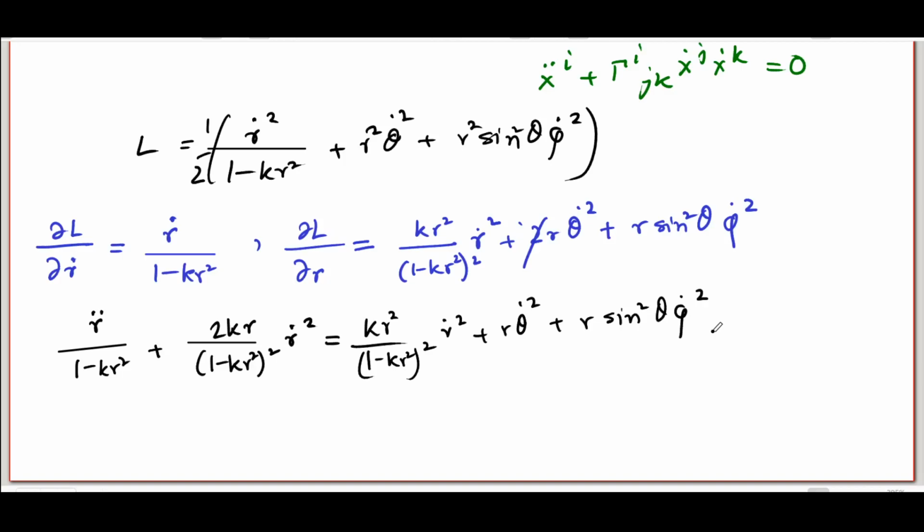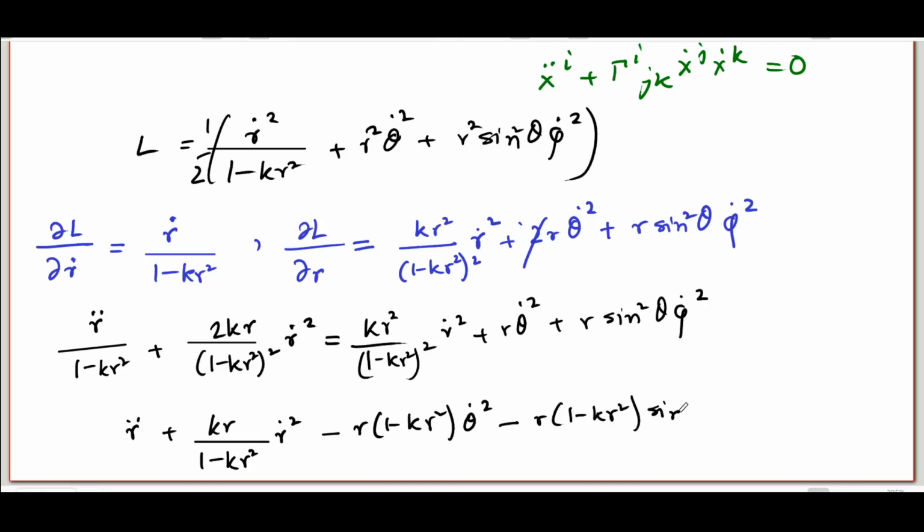And finally, if you want to write this exactly in this fashion, what you need to do is rewrite everything, bring everything to one side, multiply out by 1 minus kr², and so the equation which you finally get is r double dot plus kr/(1 minus kr²) ṙ² (one of these factors would cancel, of course) minus r(1 minus kr²) θ̇² minus r(1 minus kr²) sin²θ φ̇² equals 0. So this is a geodesic equation obeyed by the coordinate r.